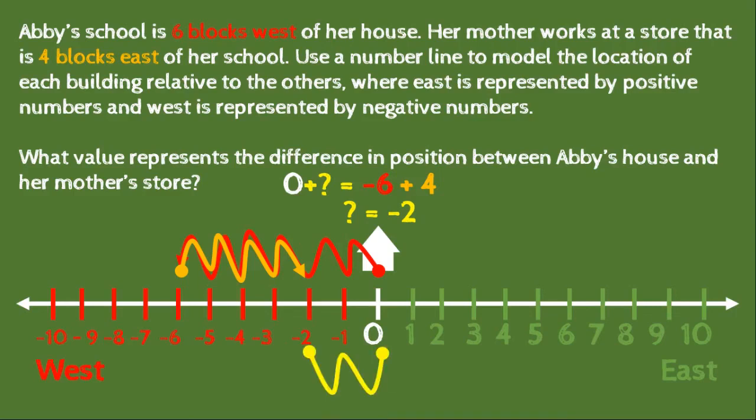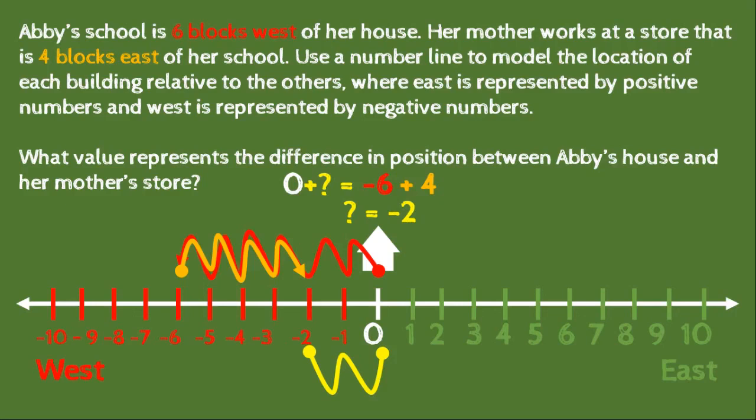We are asked what value represents the difference in position between Abby's house and her mother's store, which we figured was -2. The way we figure that out is we have Abby's house represented by 0. We need the distance, which is the question mark.